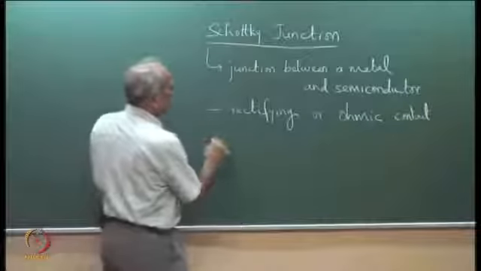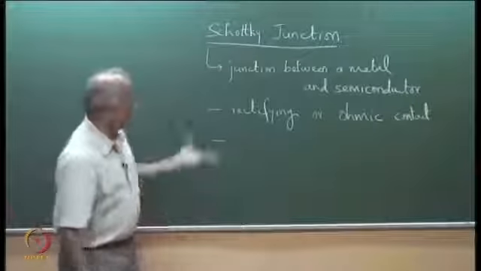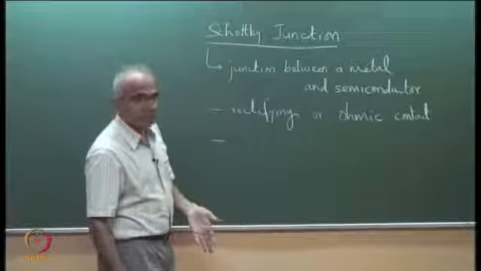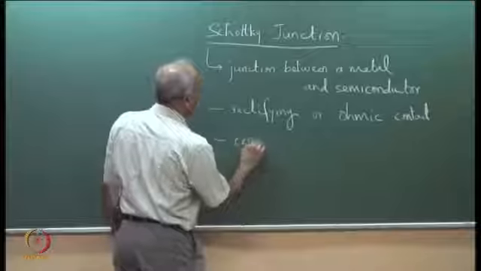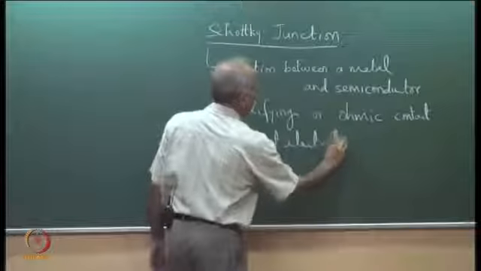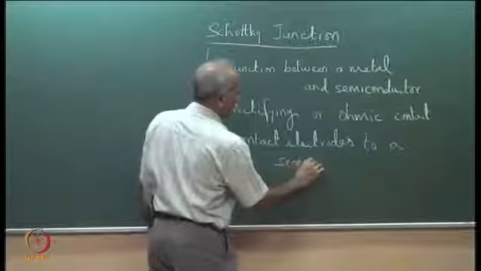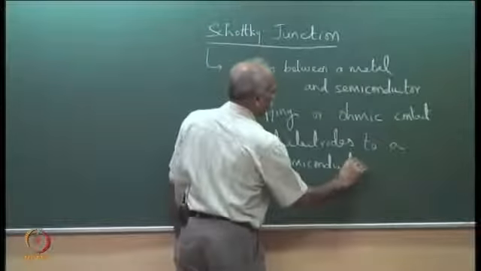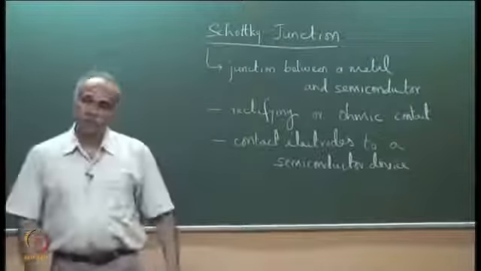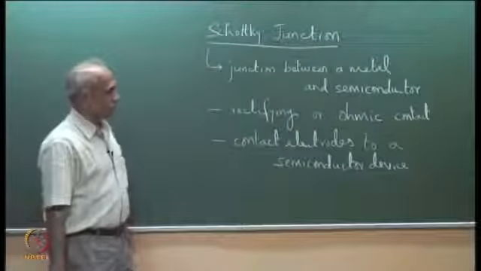As you can appreciate, this is important because it provides contact electrodes or metal contact to a semiconductor device. Therefore, metal semiconductor junctions are important in device characteristics.